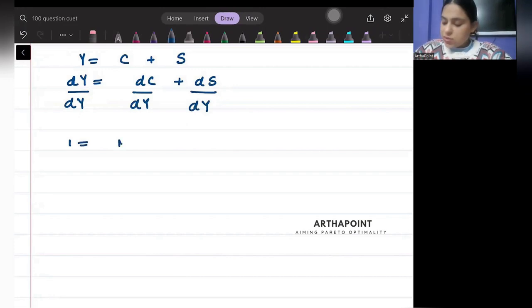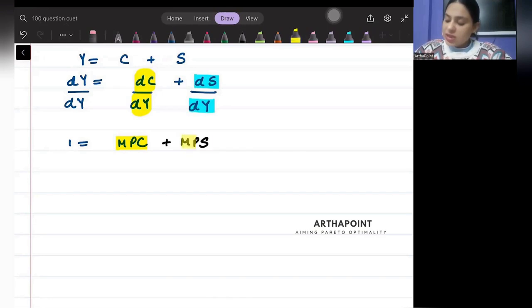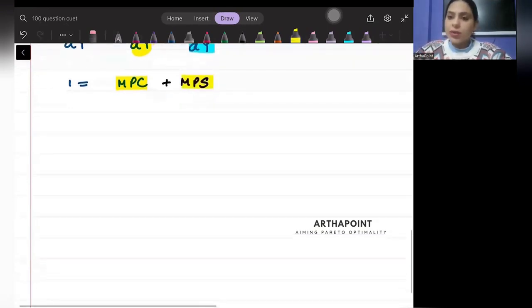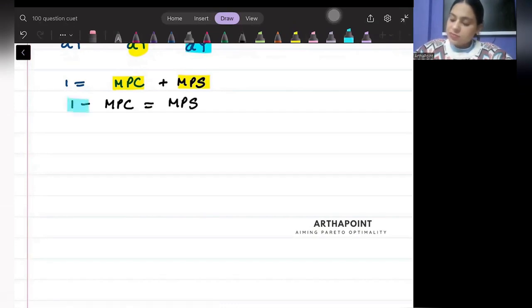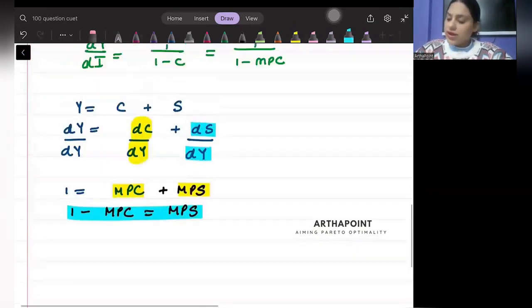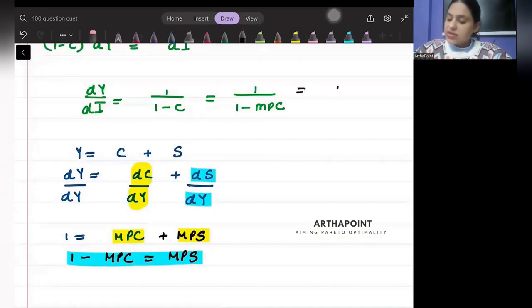So 1 is equal to MPC plus MPS. MPC tells how consumption changes as income changes, and MPS tells how savings change as income changes. So MPC plus MPS is 1, and 1 minus MPC will be MPS. So I can also write this as 1 by MPS.